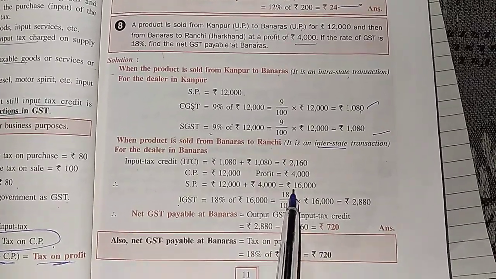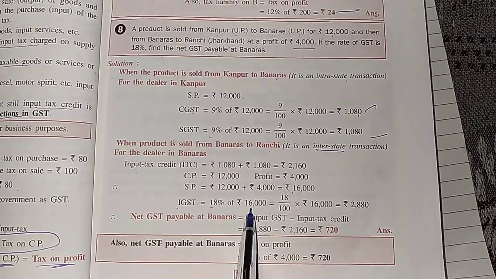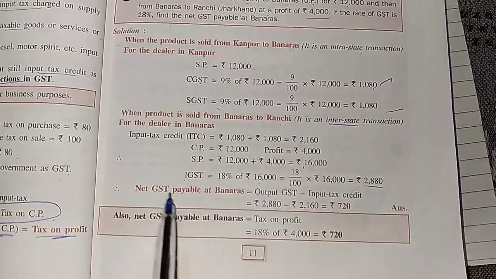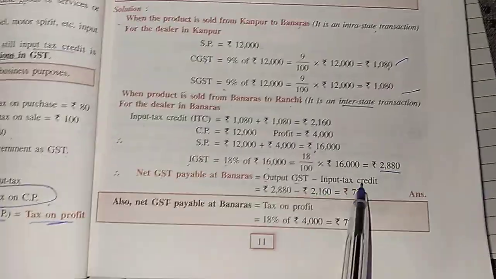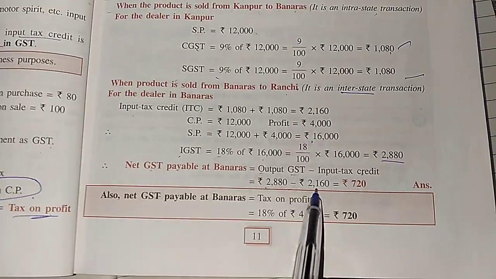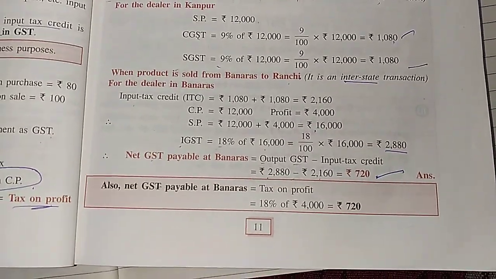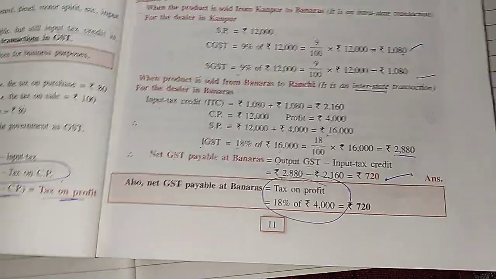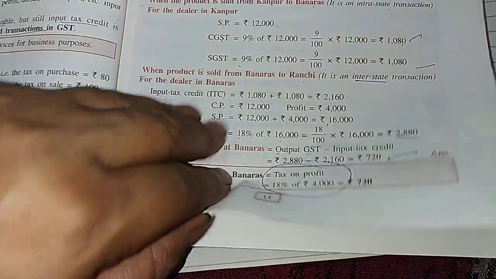CP is 16,000. So IGST is 18% of 16,000, which will be 2880. GST is equal to output tax minus input tax, 2880 minus 2160, that is 720. Directly we can also find tax on profit, 18% of 4,000, that is also 720.